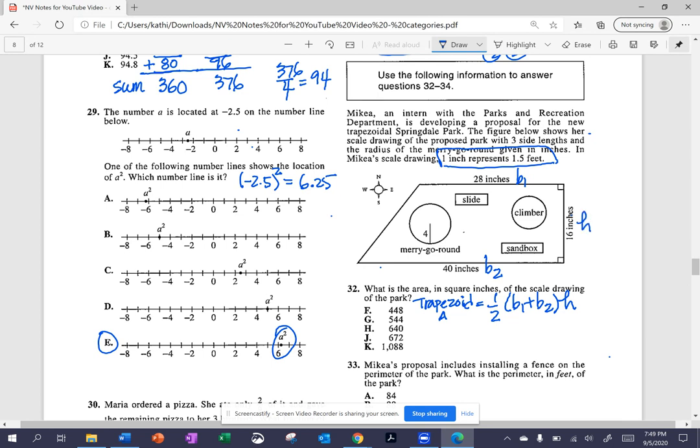And here is my height. So substituting into my equation, 1/2 times 28 plus 40 times 16, I get 544. So this is in square inches. We did not change units.